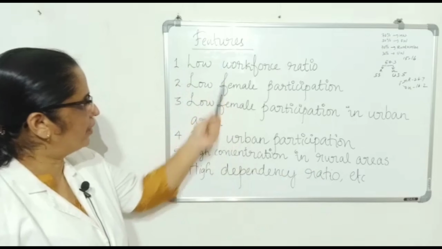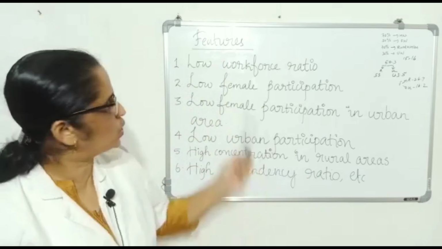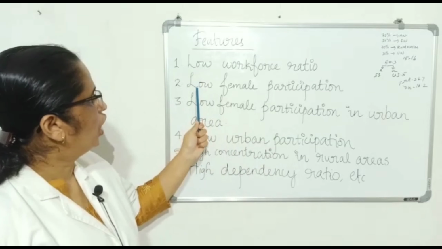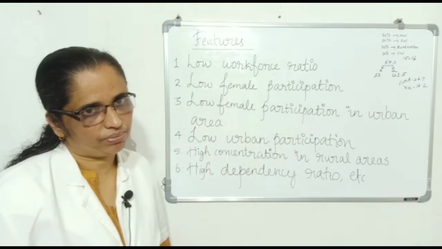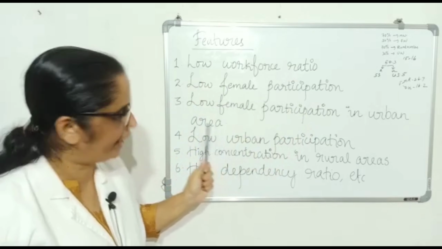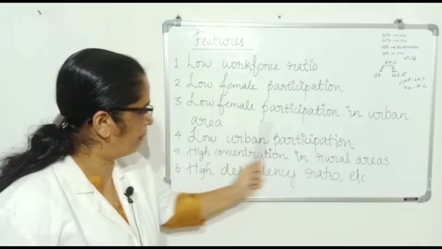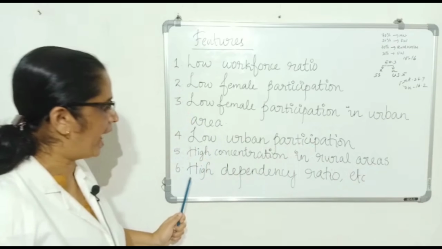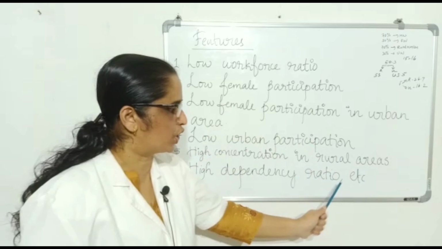So, what are the features of India's workforce? Low workforce ratio, it's not so high. Low female participation, especially in urban area. Low urban participation. High concentration in rural areas. And high dependency ratio.